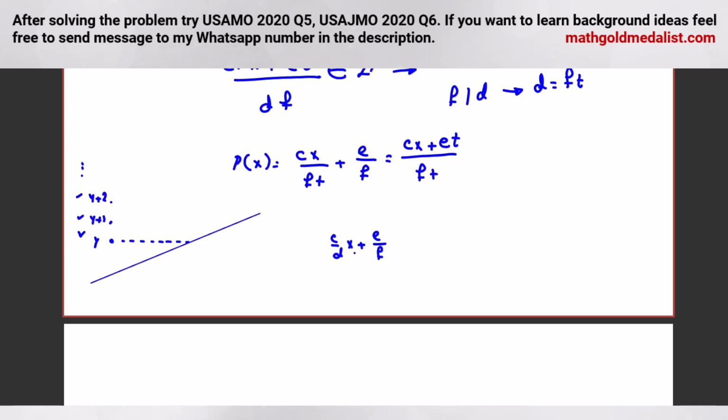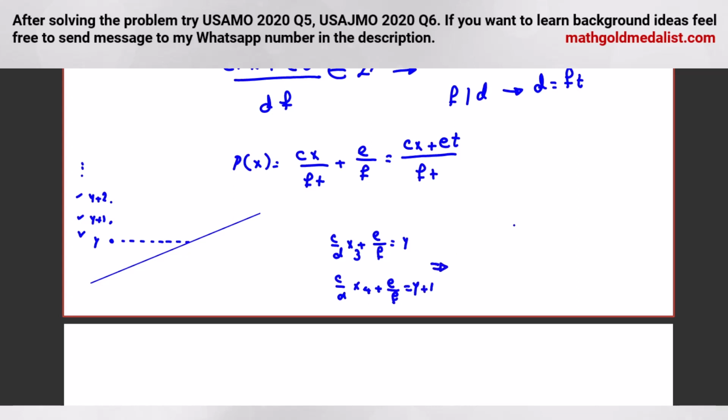Suppose for xj it is y, and for another x, for example x4, with the earlier one x3, C over D x4 plus E over F is y plus 1, right?